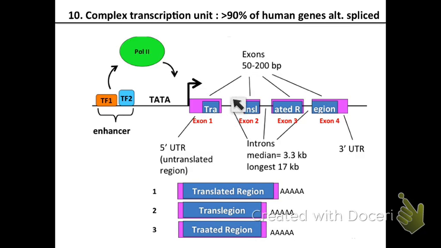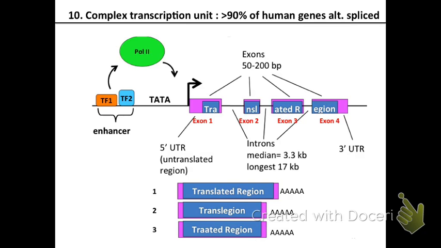The typical exon size in humans is about 50 to 200 base pairs, so they're pretty short. The introns are quite large: the median intron size is 3.3 kb, and the longest is 17 kb. So in our genes, we have little snippets of exons interspersed with very long introns. That's how the information is organized.